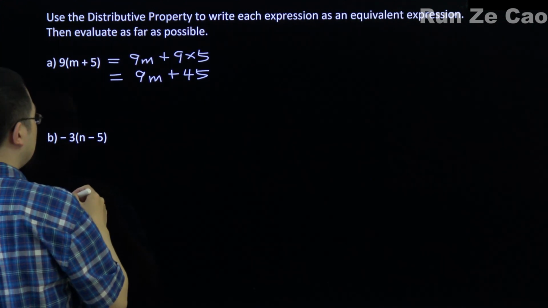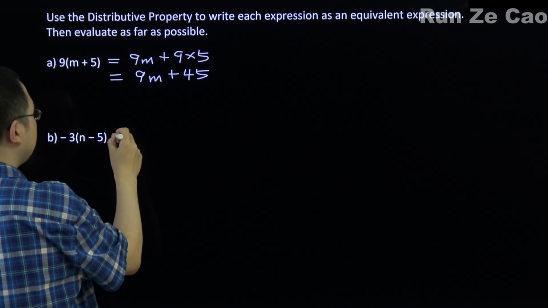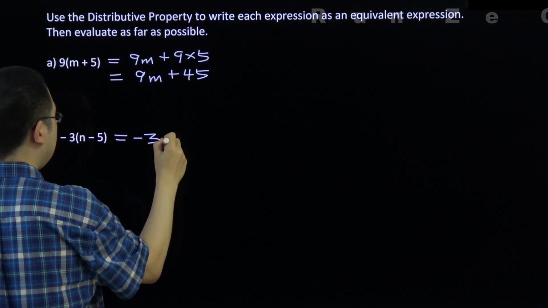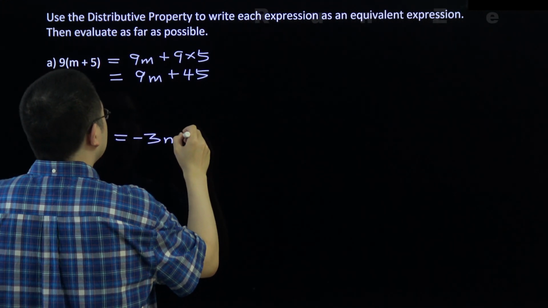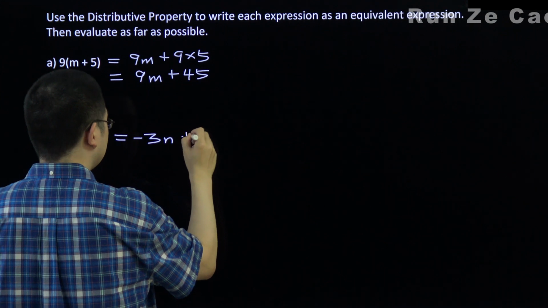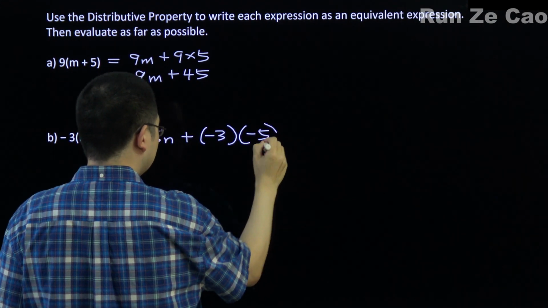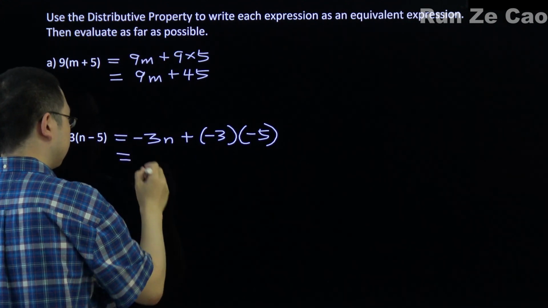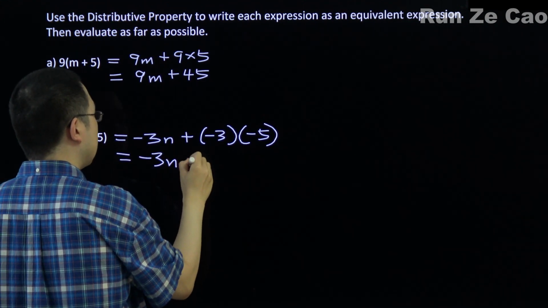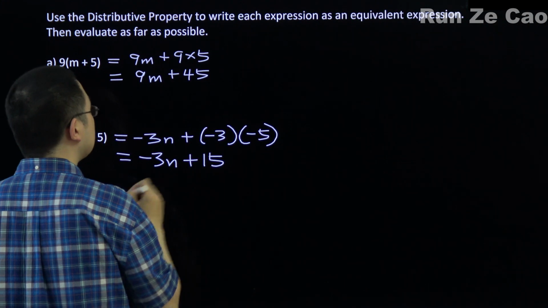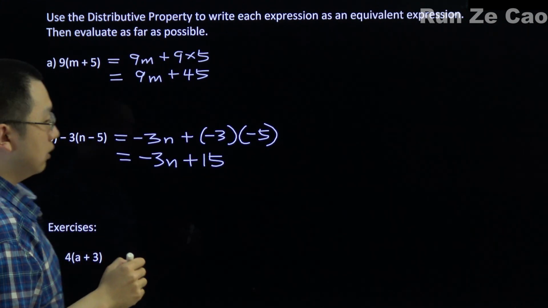Negative 3 times (n minus 5) is equal to negative 3n plus -3 times -5, or -3n plus 15. Okay.